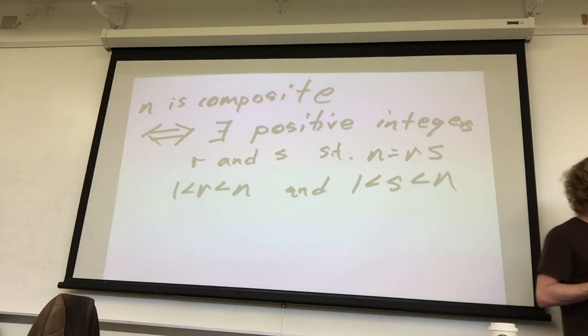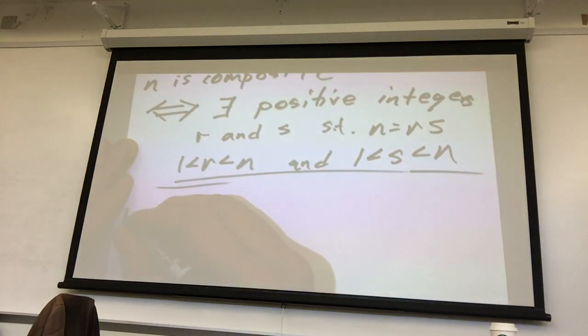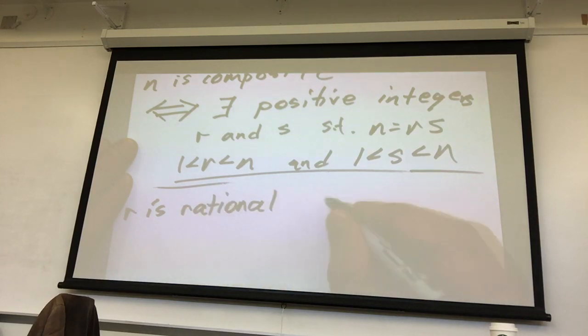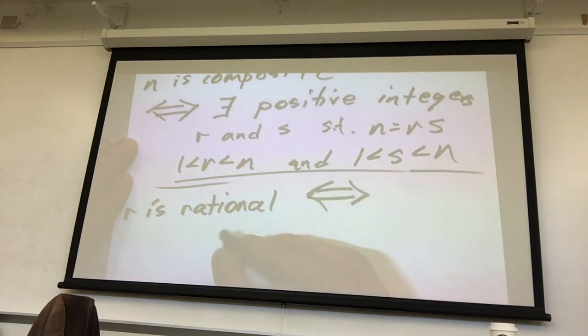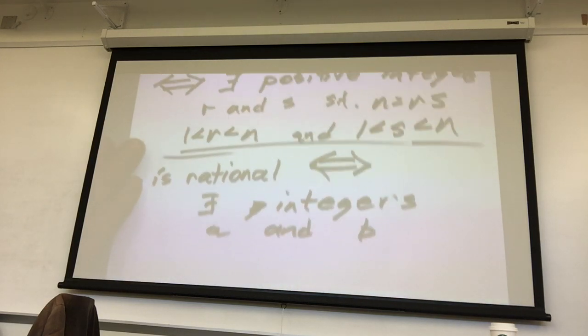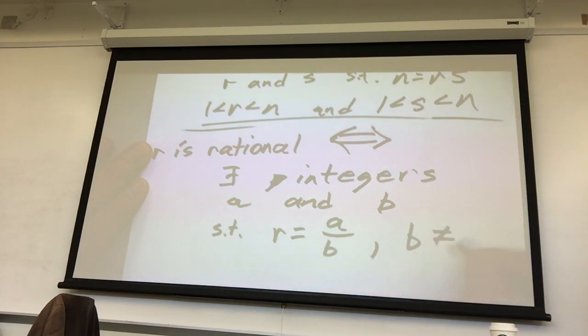We just have one last definition, and then we'll do some examples, okay? So R is rational if and only if there exist integers A and B such that R equals A divided by B and B cannot equal 0.